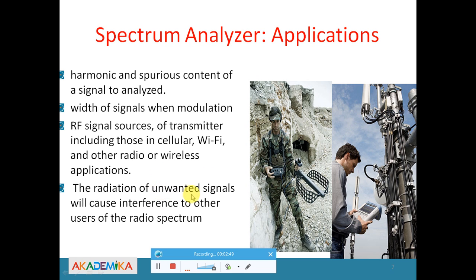The radiation of unwanted signals causes interference to other users of the radio spectrum. This problem we can also counter using a spectrum analyzer, meaning we can calculate the power and frequency of the unwanted signal. This is the conclusion and bottom line of the spectrum analyzer.